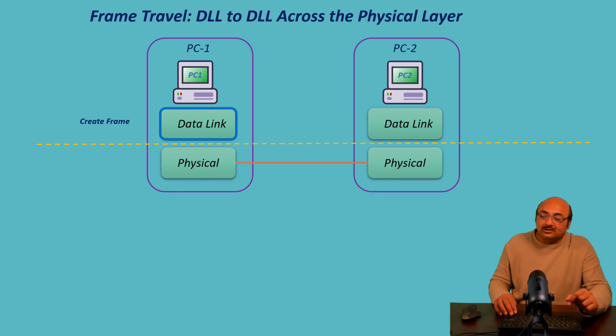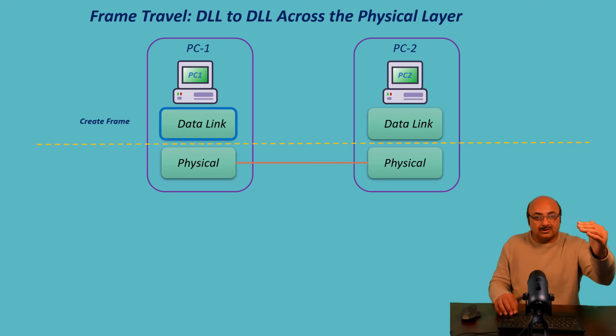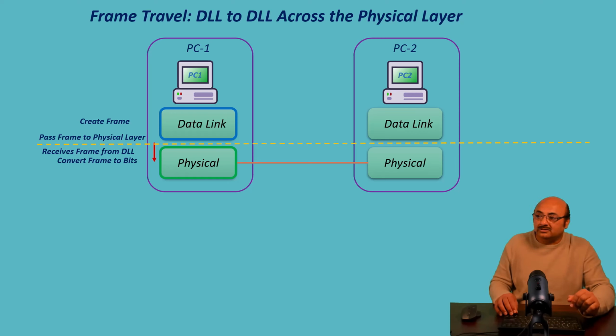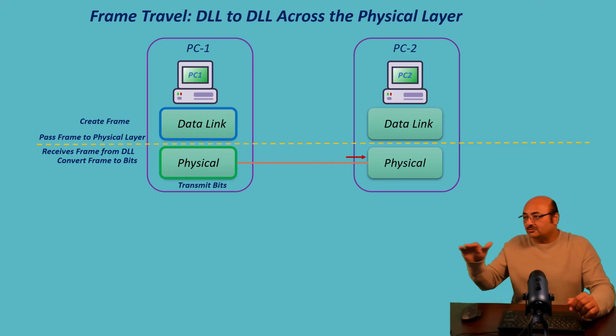Now this frame is passed from the data link layer to the physical layer. That means from upper layer to the lower layer. The physical layer will then receive this and then convert the received frame into bits. Now these bits are then transmitted across the wire to the other PC.